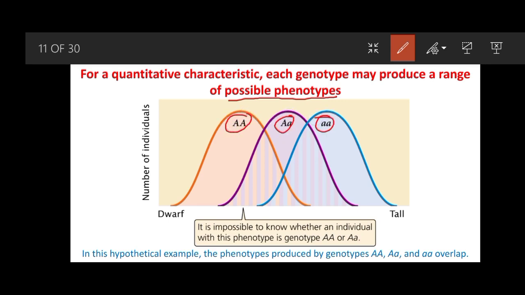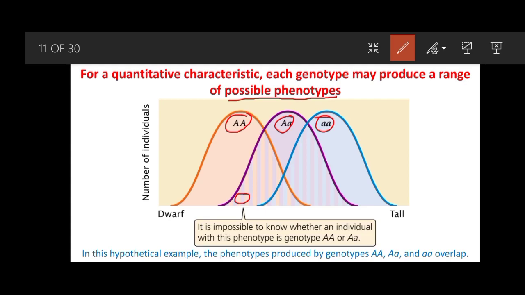These three are clear, but there are some other phenotypes. For example, we cannot assign a genotype to this. It is impossible to know whether an individual with this phenotype is genotype capital A capital A or capital A small a.